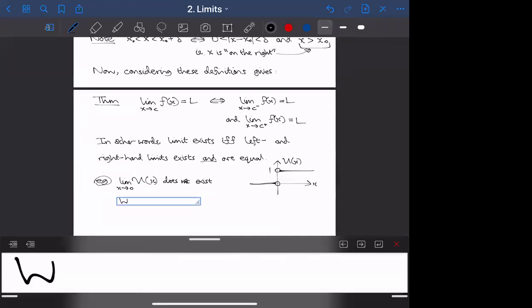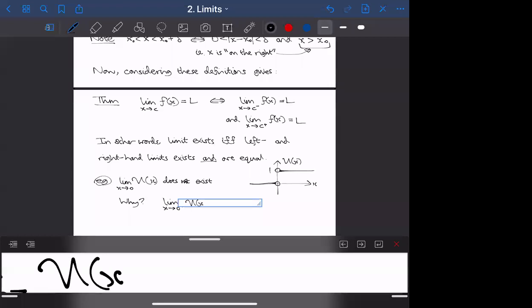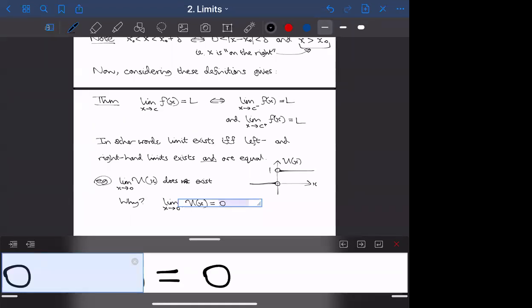And why? Well, the left-hand limit of u(x) is 0. You can check that from the definitions, but it's just true because you're only considering negative values of x, and the function is always 0. So the limit can't be anything else.